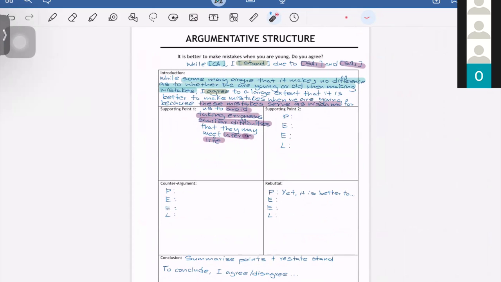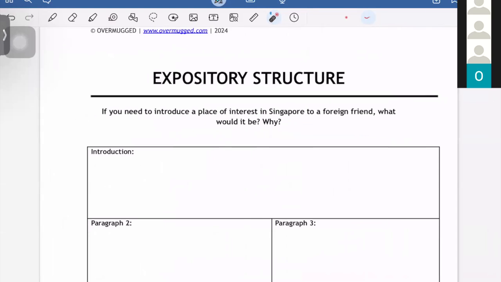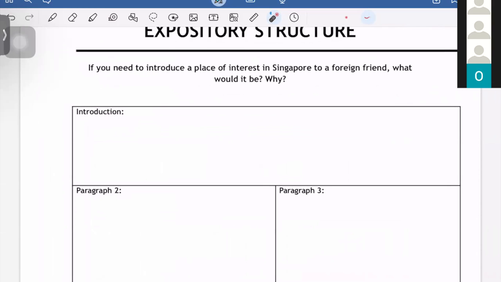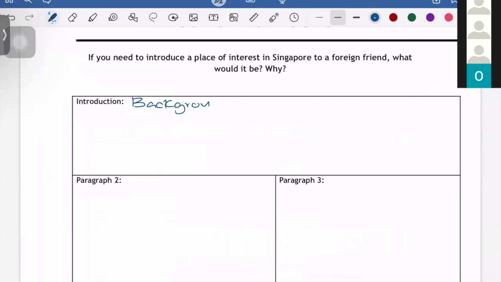Can I move on from this page? Okay, moving on to expository structure. Similar to argumentative, introduction. Give me some background information about the topic or general information. And make sure you give me your stand or the thesis statement.